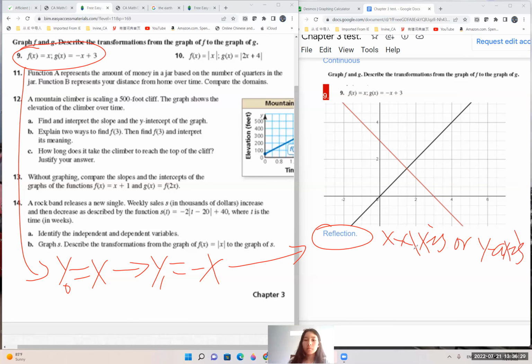They are both good. Why? Because you can think of f of x, so when you have a negative, you can say it's negative f of x, right? But you can also think of it as x going to negative x. That's the reason they are both good.